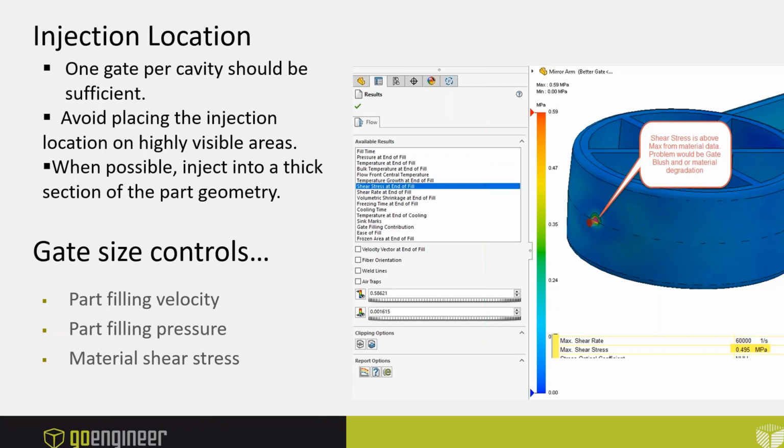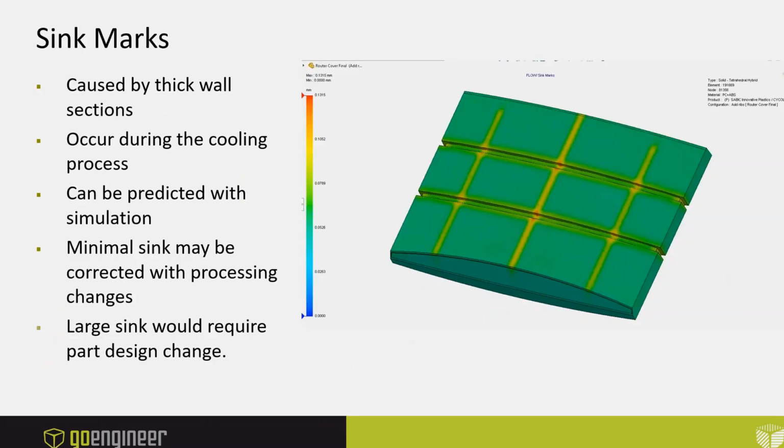But we can add gate locations. This is what SOLIDWORKS Plastics looks like. Keep in mind, it's built into the SOLIDWORKS interface. Here is what sink marks look like, so we can take a look at those negative externalities before the part actually gets made and you're just stuck with what you got. One thing I like to tell people about sinks is that when you do have sink, it's good to know how much and where.